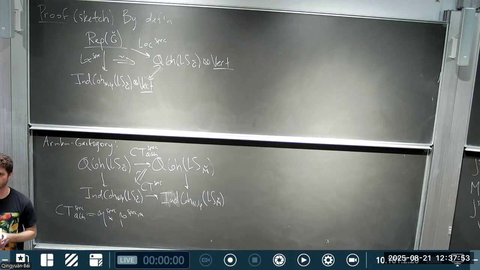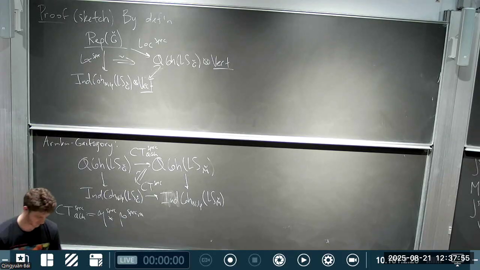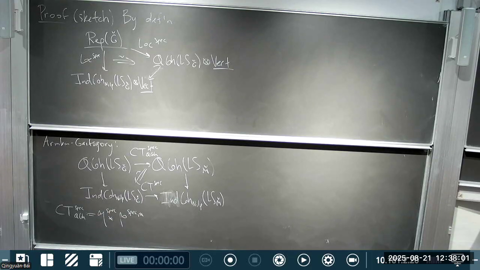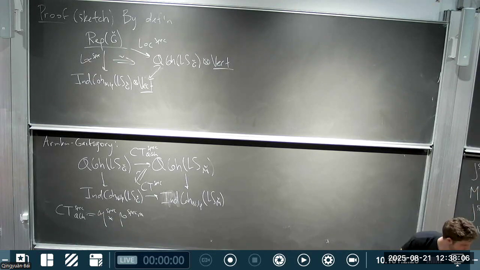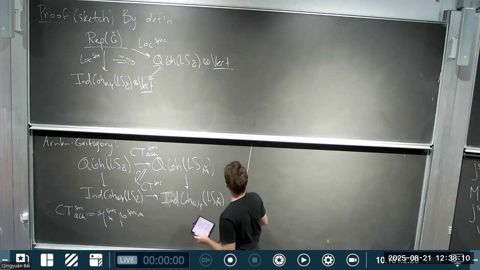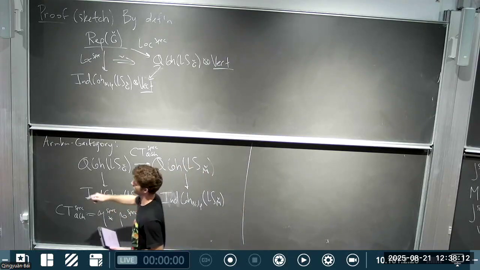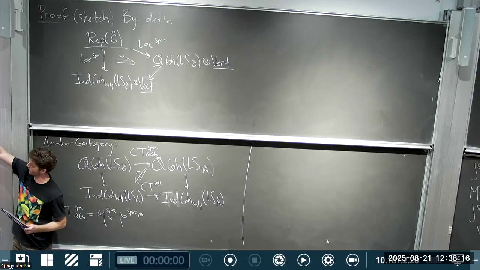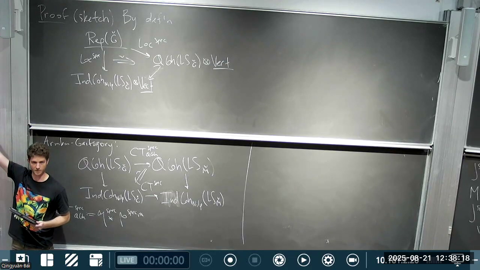Other questions? Okay. Let me say a few words about the proof now. As the upshot of these two boards, I can replace the bottom leg of this square by the same, but with QCoh and constant term stack QCoh.